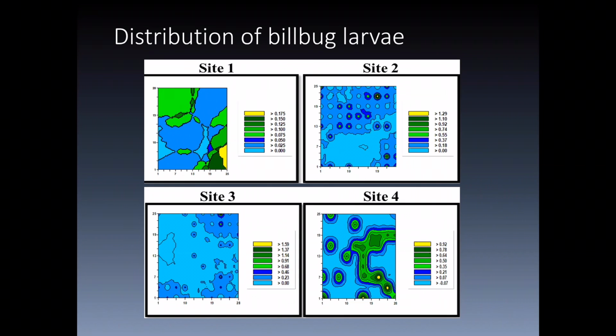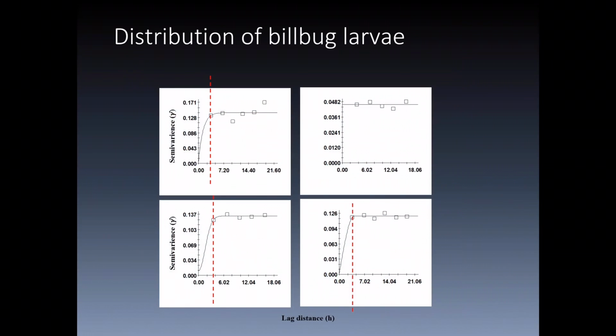So what we saw is they are aggregated in distribution. You can see there are a lot of patterns here. We used some software to analyze this, and that's what the number shows, and that basically suggests that it's aggregated.